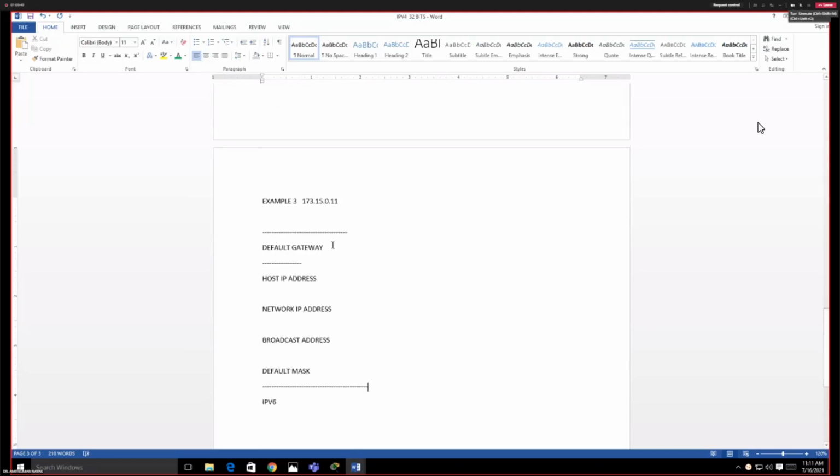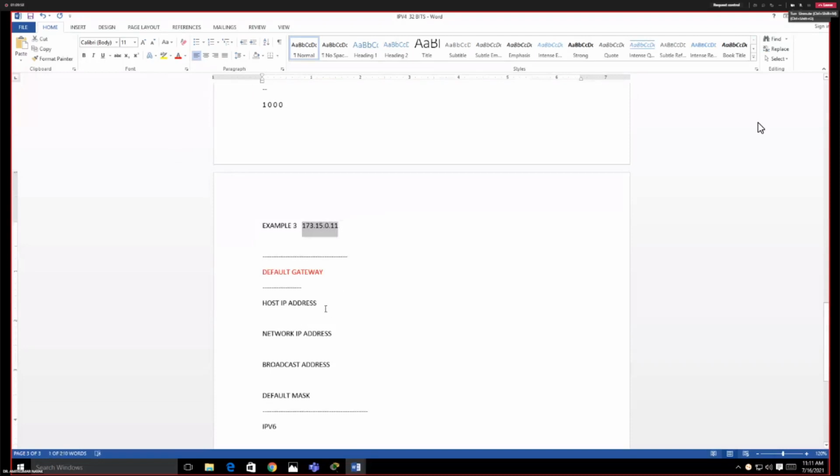You don't need to write the value of the default gateway, but calculate the value for example 3 about host IP address, network IP address, broadcast address and default mask.